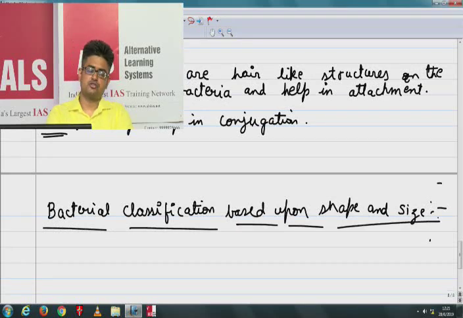Basically, it is on the basis of shape. Size is not important, so you can write it in brackets. It's understood.